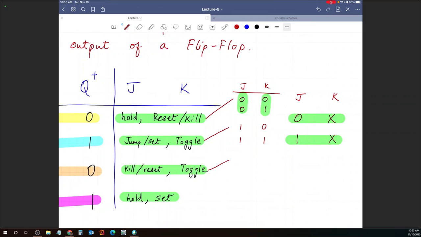For the third case, kill, toggle. To kill, I need to do 0, 1. To toggle, I need to do 1, 1. Which means my combined J and K inputs are don't care and a 1.